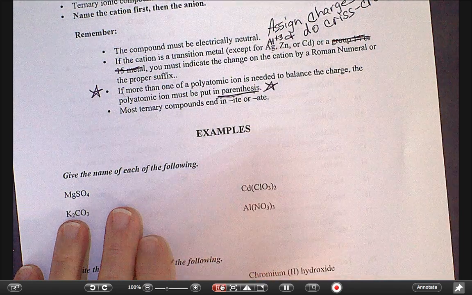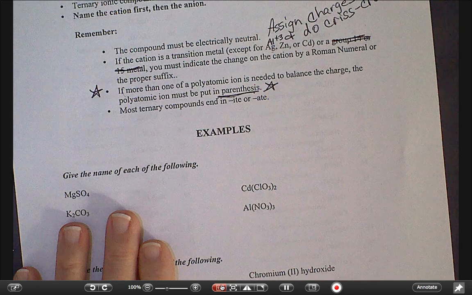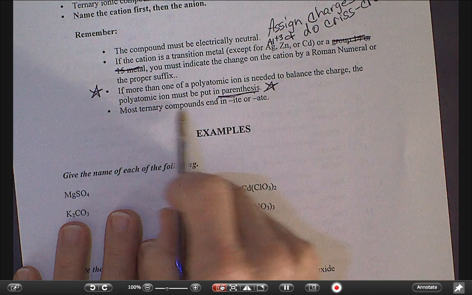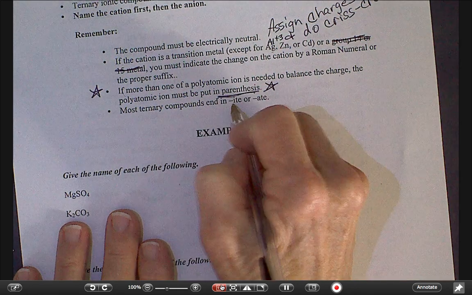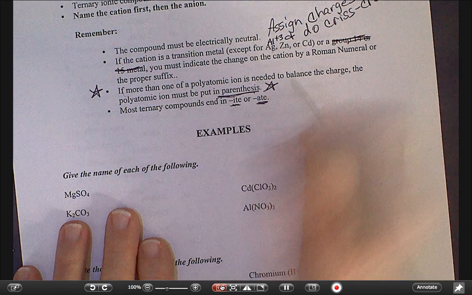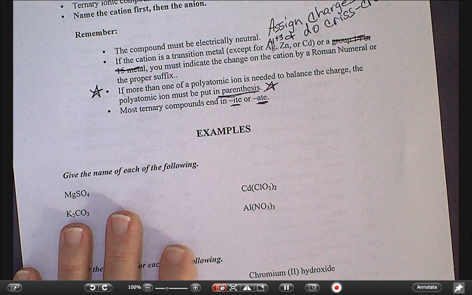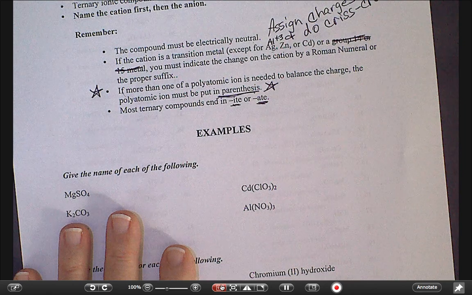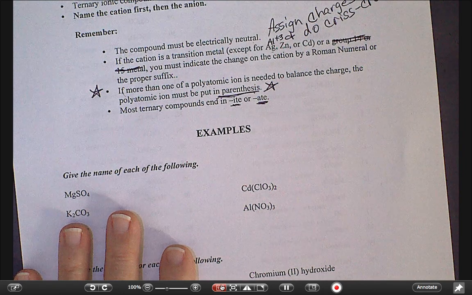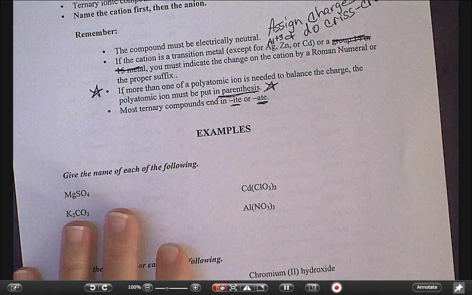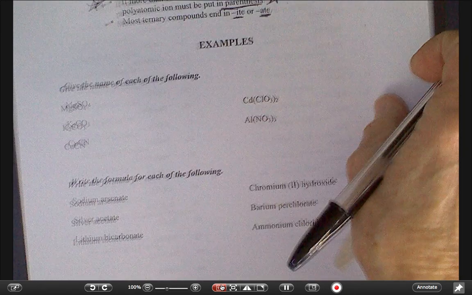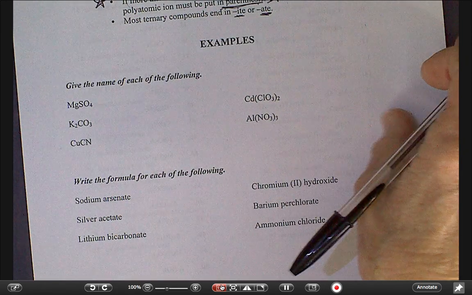Star it, and do not forget it. Most ternary compounds end in what? Okay, but you don't have to memorize them. You're going to read them off of your polyatomic sheet. Does everybody understand? All right. So, get your little polyatomic sheet handy.